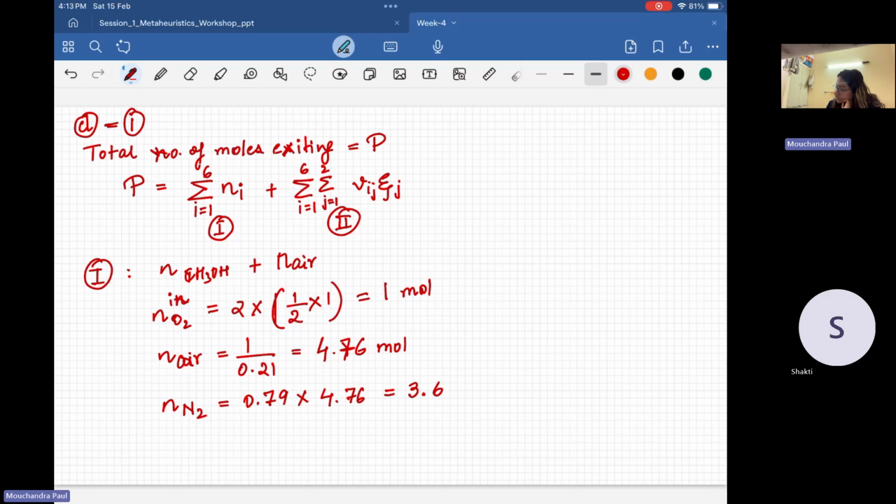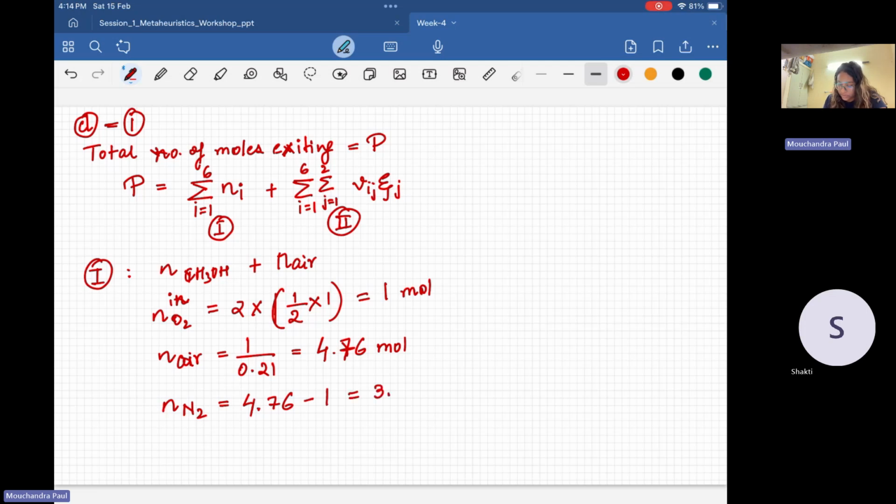The total number of moles of N2 will be 4.76 minus 1, the oxygen, right?